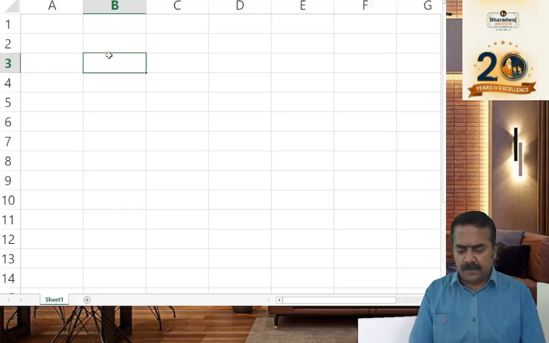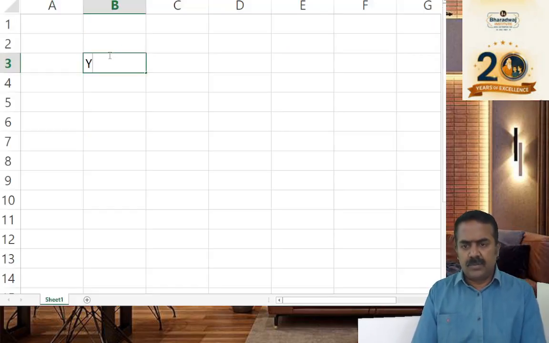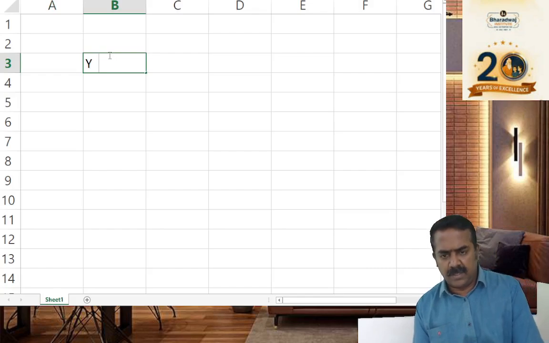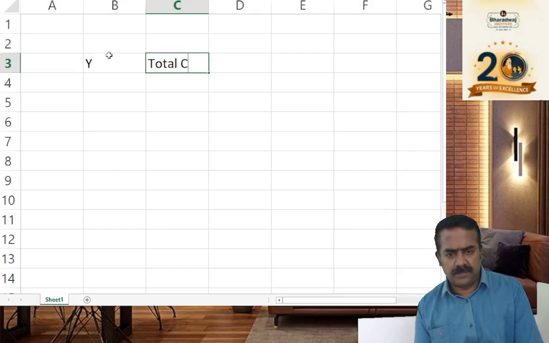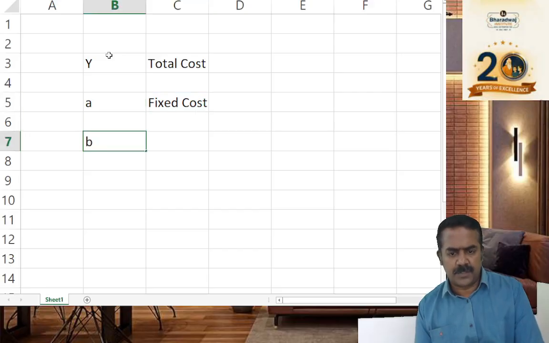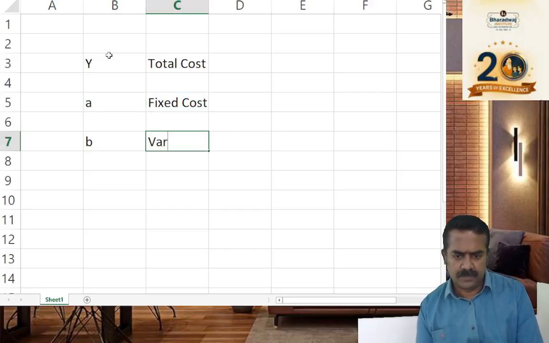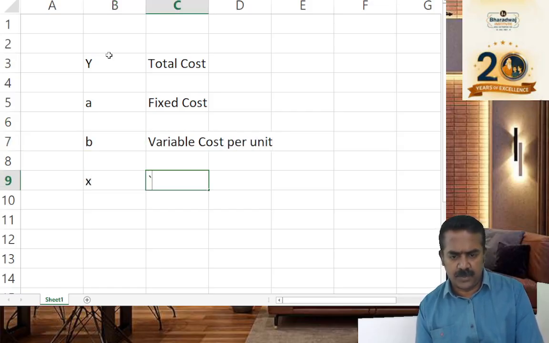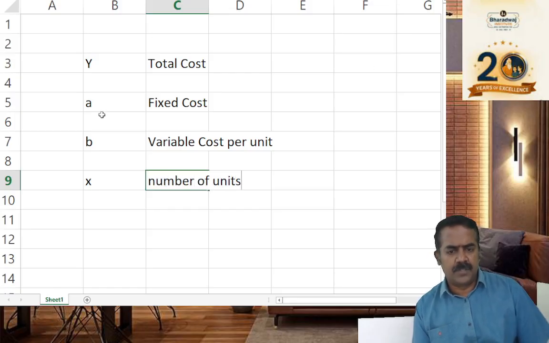Let us explain a production function. Y is nothing but total cost. A is nothing but the constant. B refers to the variable cost per unit. X refers to what? Number of units produced.